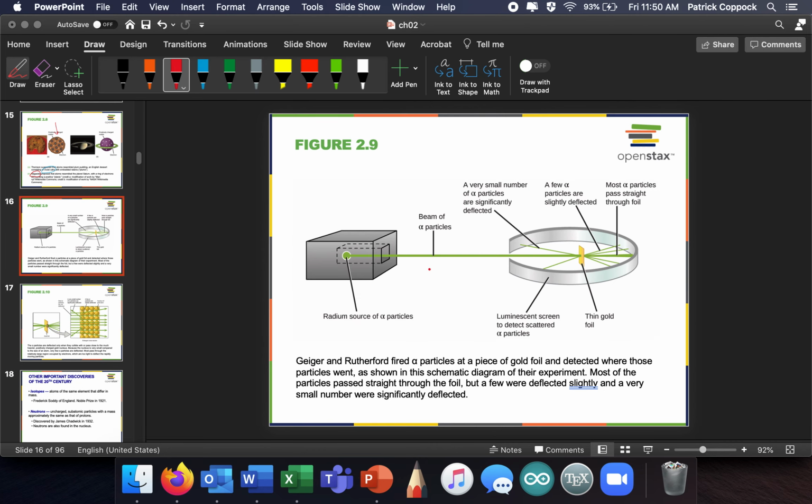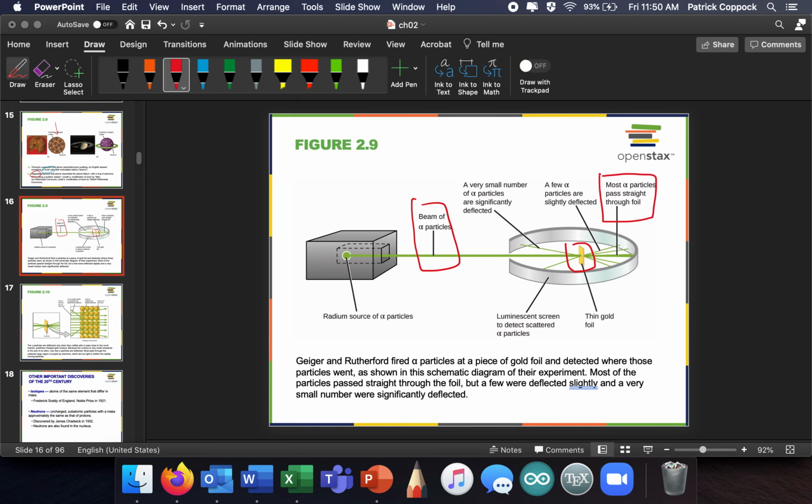Now, Rutherford. I don't remember where Rutherford was, but Rutherford took gold foil. Here's a gold foil here. Little piece of gold foil, hammered very, very thin, right? Not an atom thick, but very, very thin. And he shot a beam of alpha particles through it, and he found that most of them went straight through.